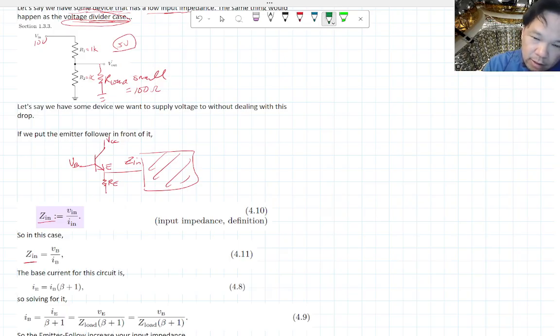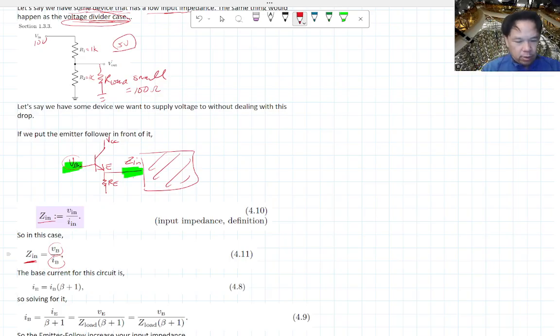instead of this spot, as I'm highlighting in green being the input, now we move the input to the front of the transistor. And once again, we're just going to keep using the same definition, where the input impedance, instead of being here, now we have to calculate it being here, is the voltage at the base divided by the current that drives through the base.